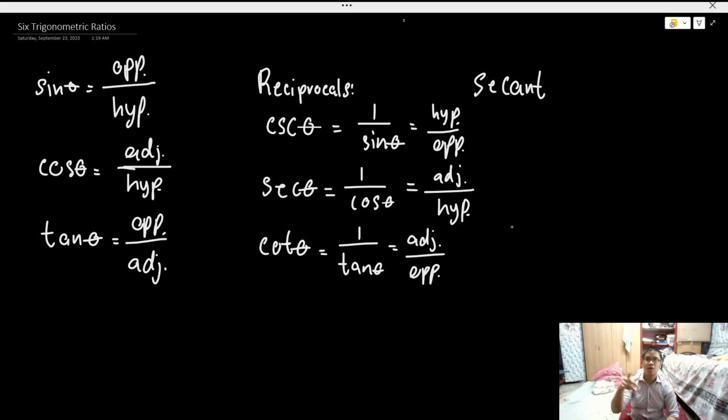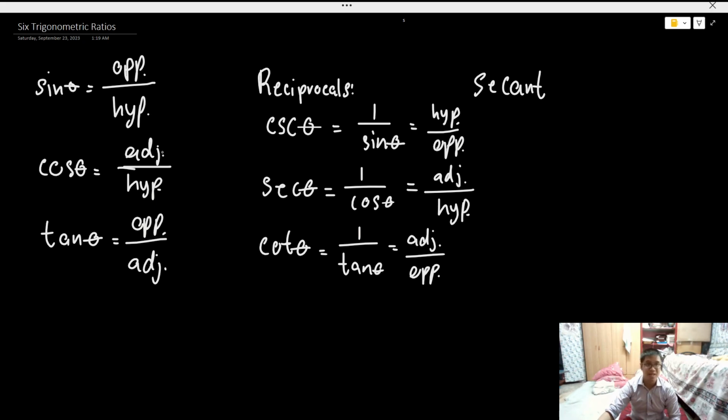Actually, there are more than 6. That would be advanced, in a future discussion. But here, at least you know these are the 6 basic trigonometric ratios.